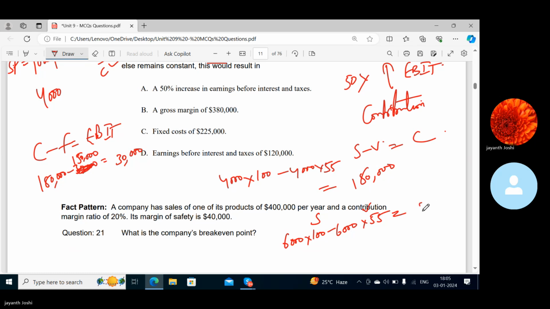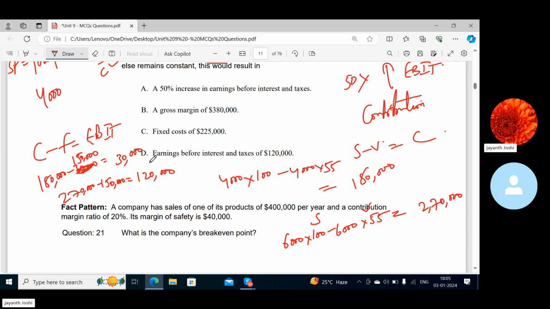2,70,000 minus fixed cost, 1,20,000. So what is this? Do you think it is a 50% increase?